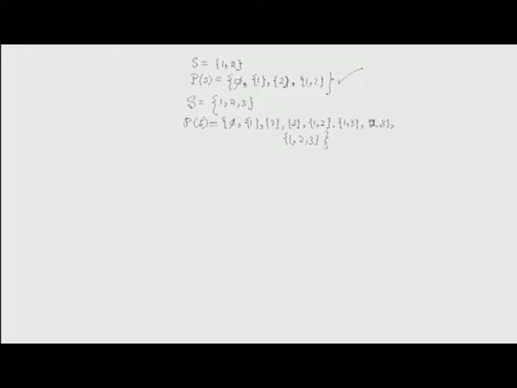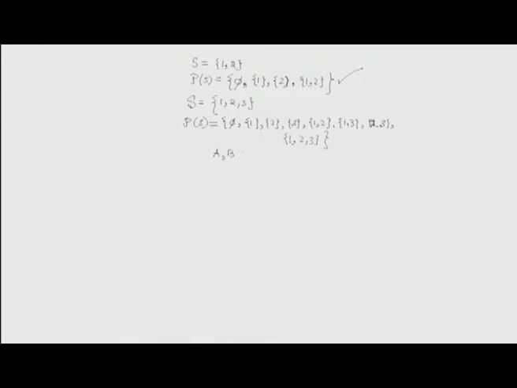Now, within the power set, we can consider a relation defined by the set containment. That is, we will say that two sets A, B belonging to the power set of S are related if A is contained in B. Now, let us look at the slide.